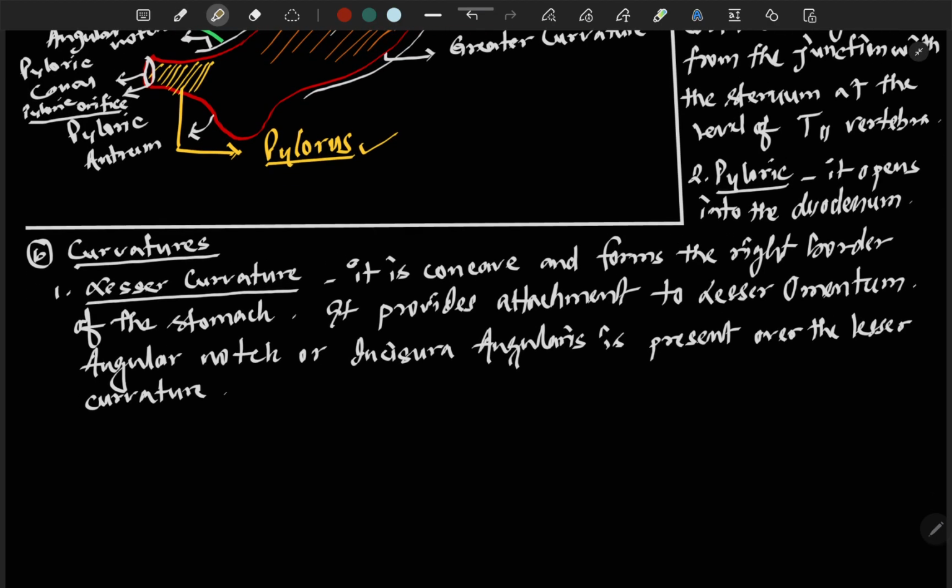Incisura angularis, angular notch or incisura angularis.